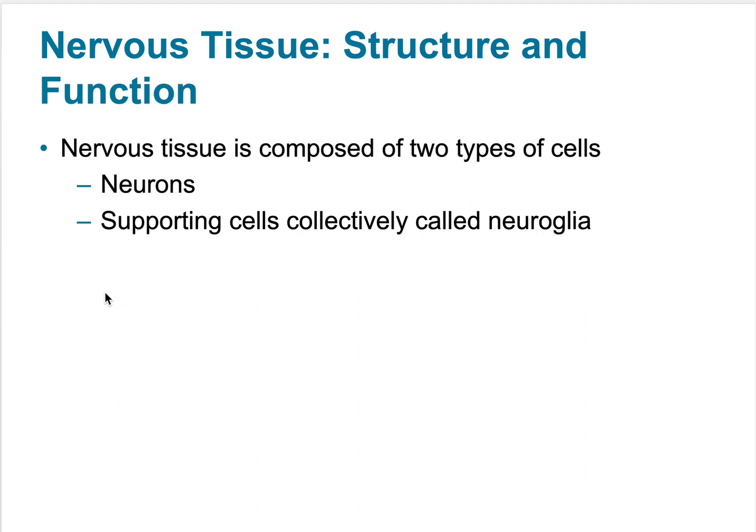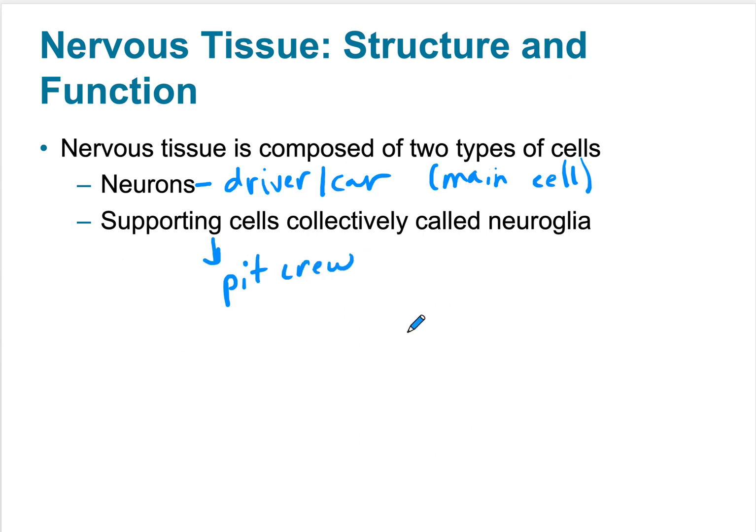The first are the neurons. If you remember, I used the analogy of NASCAR. Neurons are kind of like the driver and the car, the main cell. The supporting cells are like the pit crew, the guys that change the tires, put gas in the car, get the driver water, and make sure the car is running correctly.